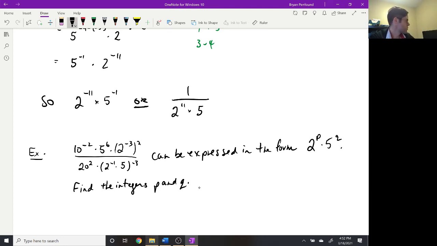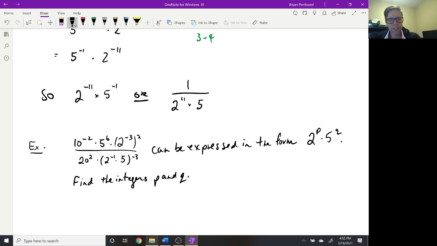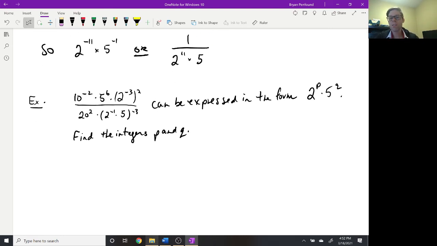You basically get this really big mess of stuff, and I tell you that it can be simplified to look like 2 to the power of something times 5 to the power of something. Okay, so this big mess can be simplified quite nicely. Our end goal is to figure out what's going to be the final power of the number 2 and the final power of the number 5.